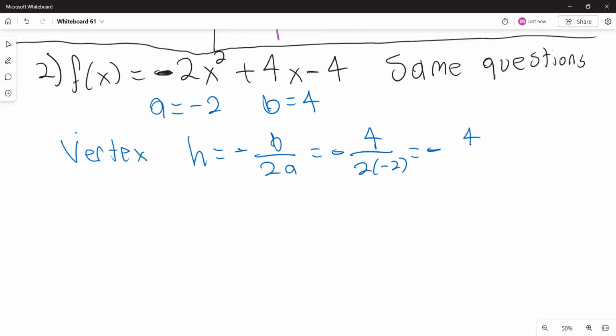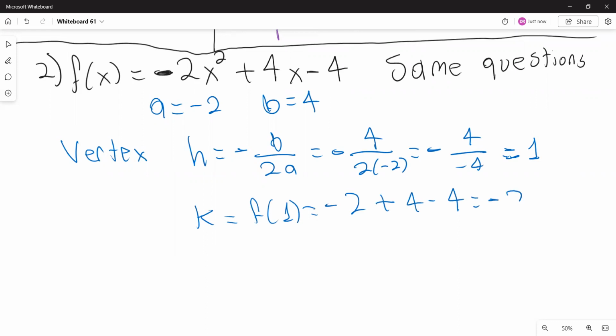So that's the opposite of 4 over -4, or 1. And k is f of 1. So that's going to be -2 plus 4 minus 4, or -2. So now I know the vertex. I know that the vertex is 1, -2.